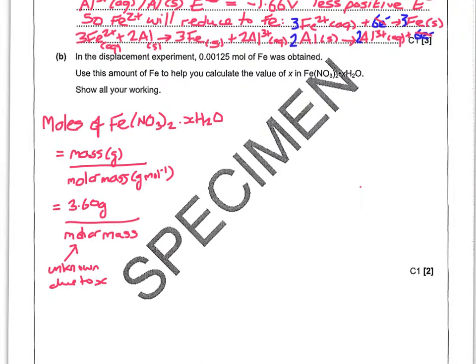We know the mass, but we don't know the molar mass because it's unknown due to X. However, it does tell us in the formula that for every 1 mole of Fe(NO3)2.XH2O, there's 1 mole of Fe. So therefore we can use that information to ascertain that there's 0.00125 moles.